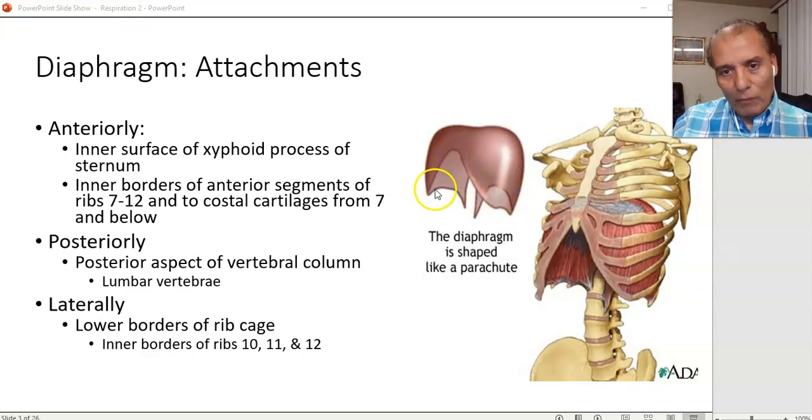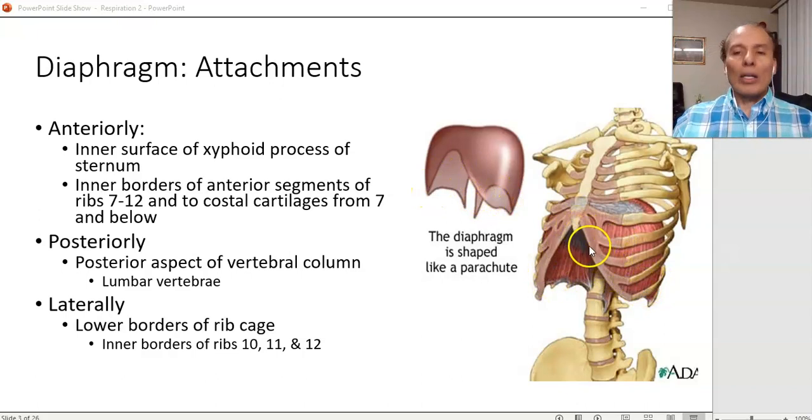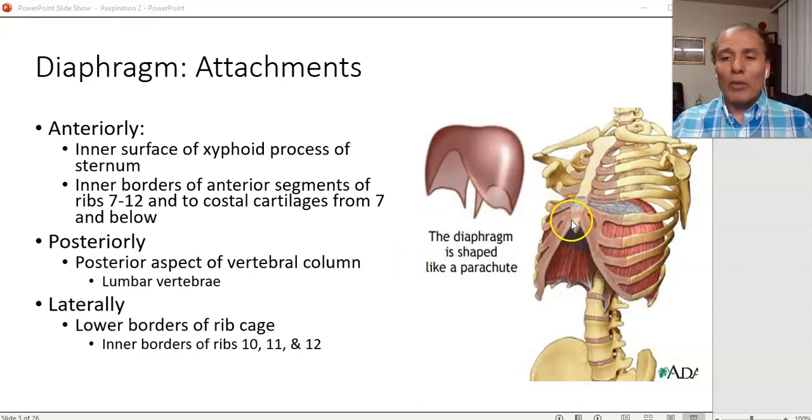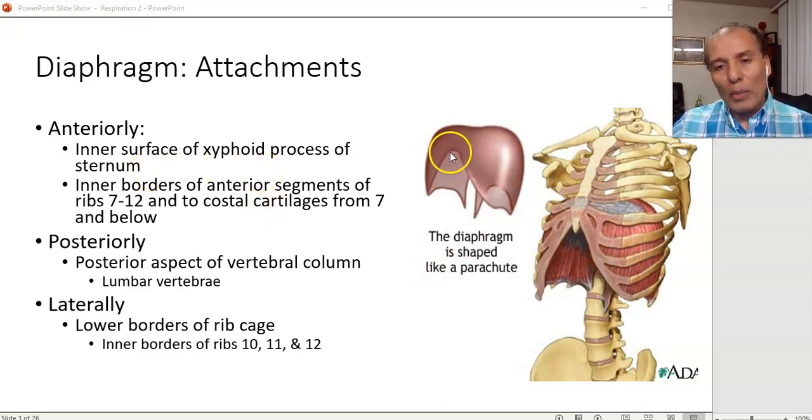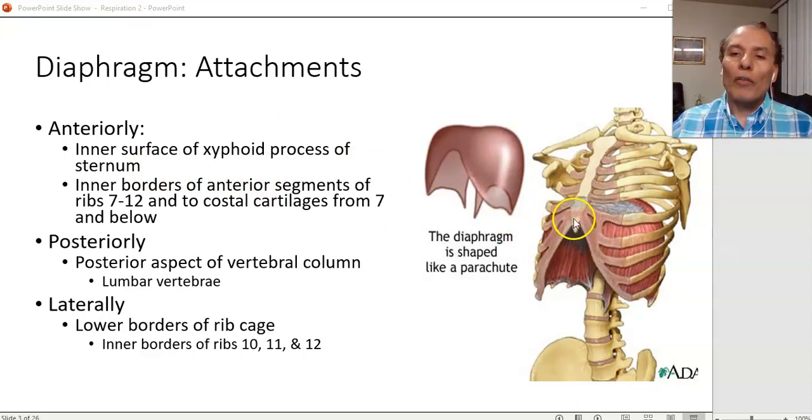All the inferior edges of the diaphragm are attached to the inferior edges of the thorax. So anteriorly, from the front, the frontal piece of the diaphragm is attached to the anterior surface of the xiphoid process. That little tip of bone in front at the bottom of the sternum is called the xiphoid process.